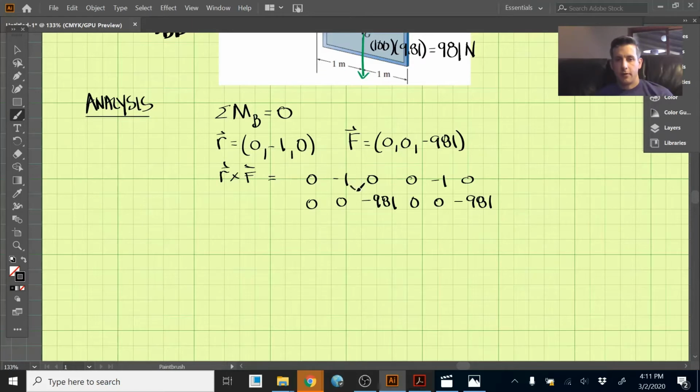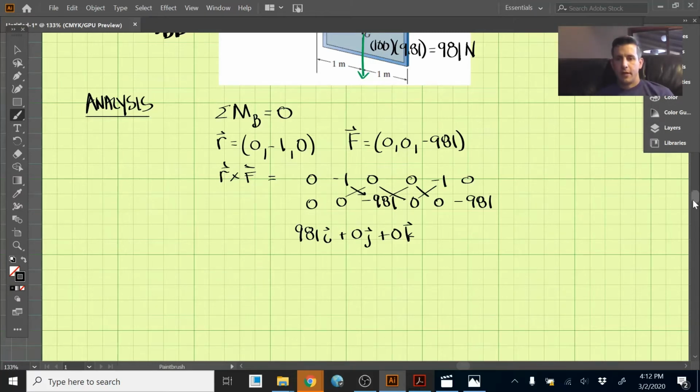We start here, and we multiply this times this, minus this times this. That's -1 times -981 minus 0, so we have 981i. Then this times this, minus this times this, is 0 times 0, minus -981 times 0, which is 0. So that's 0j. And lastly, this times this minus this times this is also 0, so we have 0k. So that's the moment that this sign hanging down creates around B.